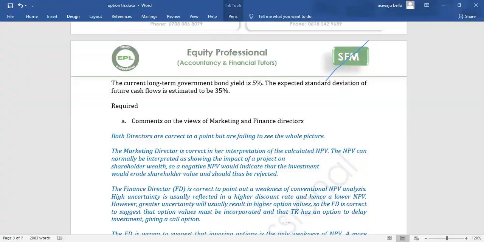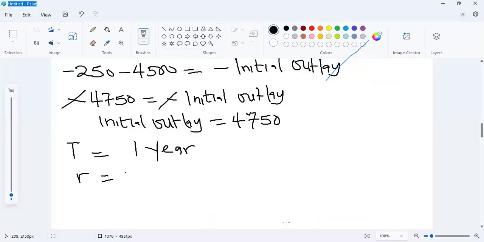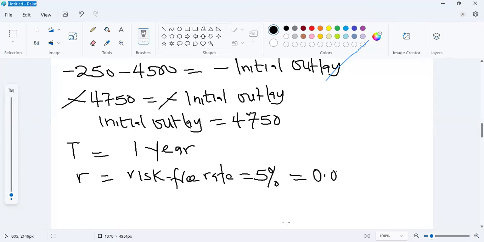So I'll come here. The risk-free rate, that is the rate on government bond, is 5%, that is equal to 0.05.